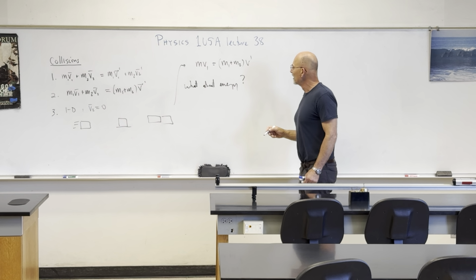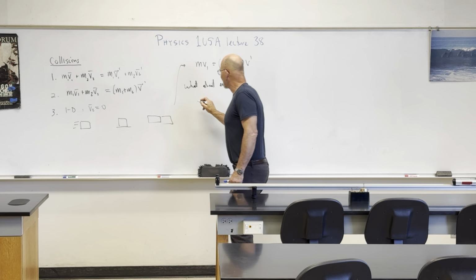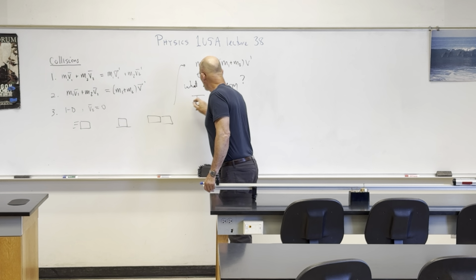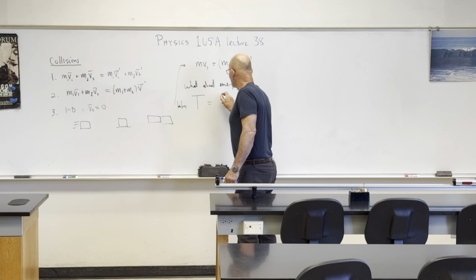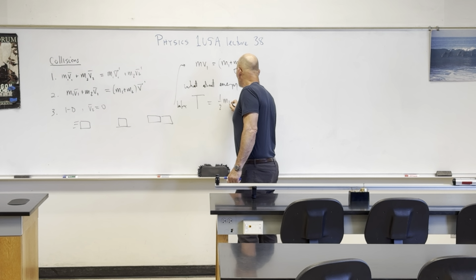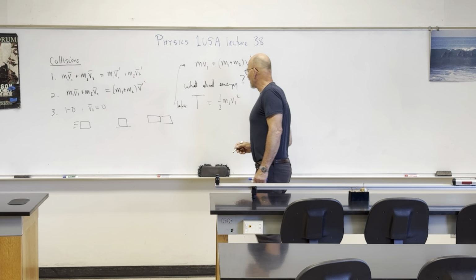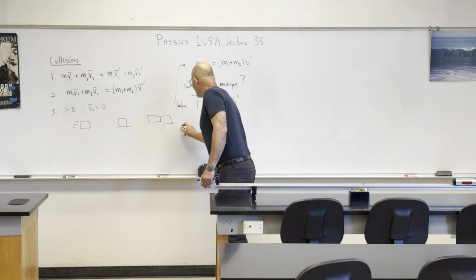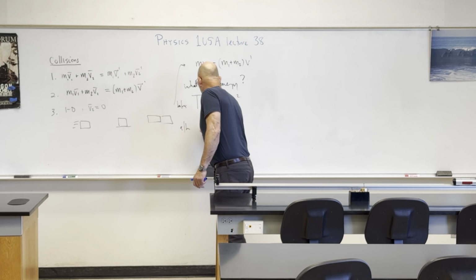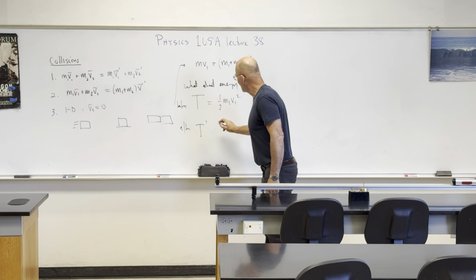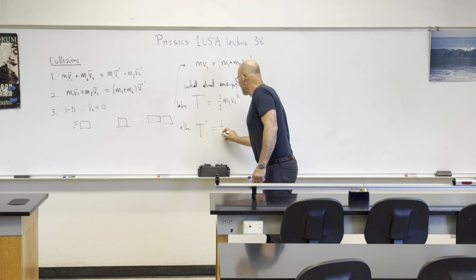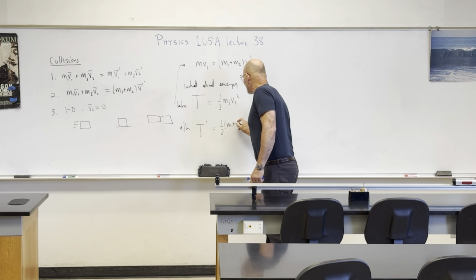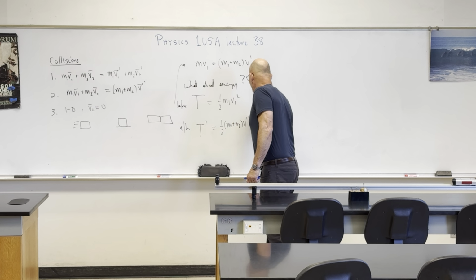Then you see something interesting, because the energy before the collision was just a half M1 V1 squared. The energy after, which I'll call T prime, is a half sum of the two masses, V prime squared.